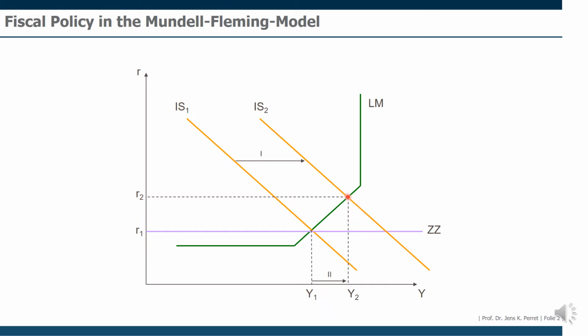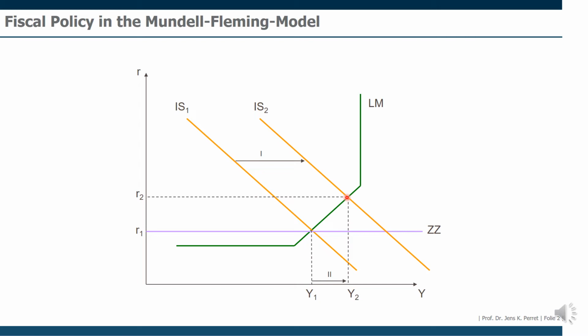So a lot of investments will flow into the country. Considering the example of a country which has the euro, there's a lot of demand for euros because all the other investors want to invest in the euro country.